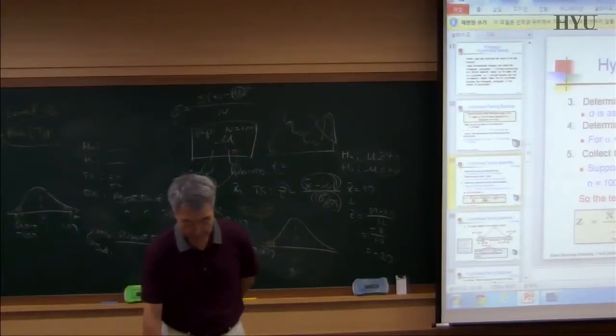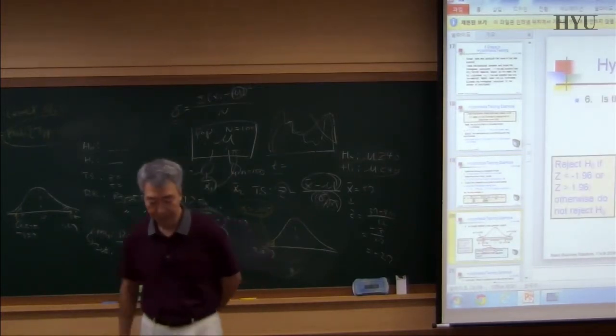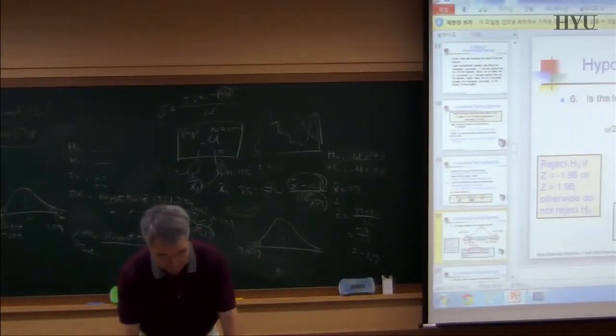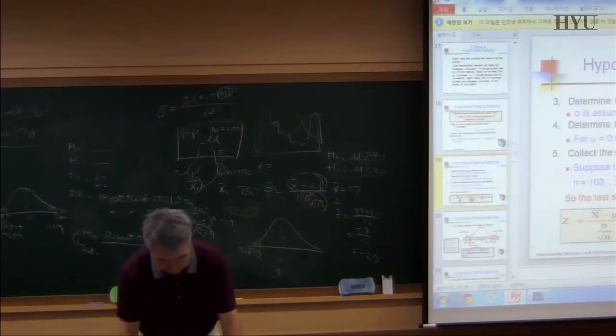You'll have 0.025 set up here as the rejection region, and another 0.025 here as the rejection region. And you have to calculate the test statistic, Z. Okay, let me follow the steps here.